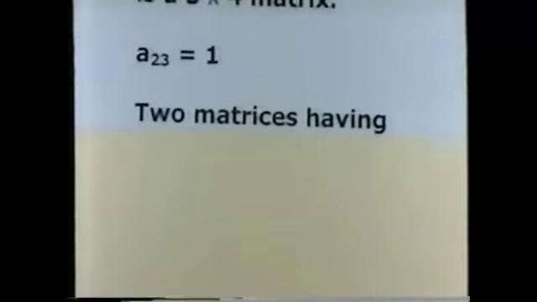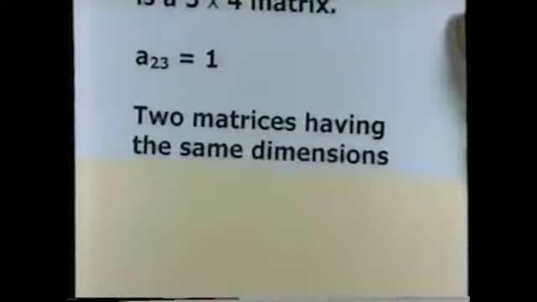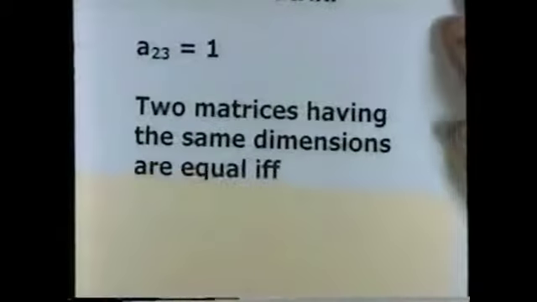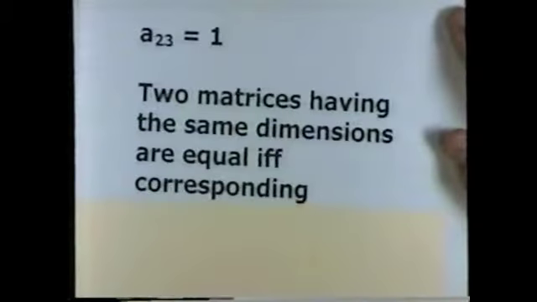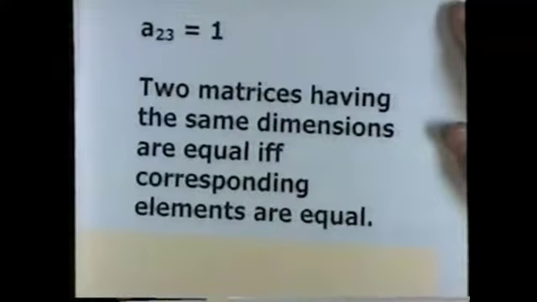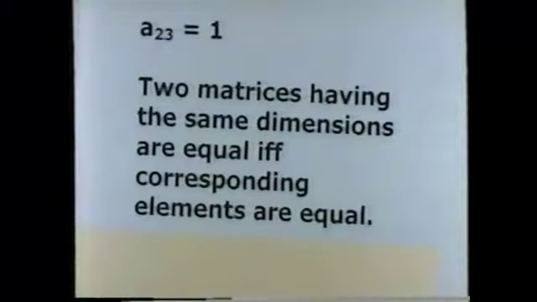Two matrices having the same dimensions are equal if and only if corresponding elements are equal.